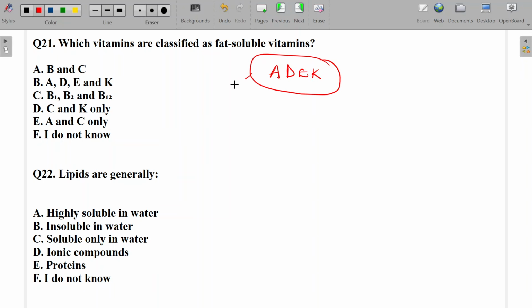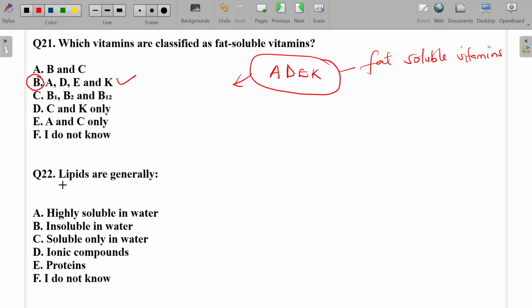Which one looks like this one? B. Yes, it's B. So you can use the mnemonic ADEC. These are the fat soluble vitamins. And you've solved this one. So B is the answer.